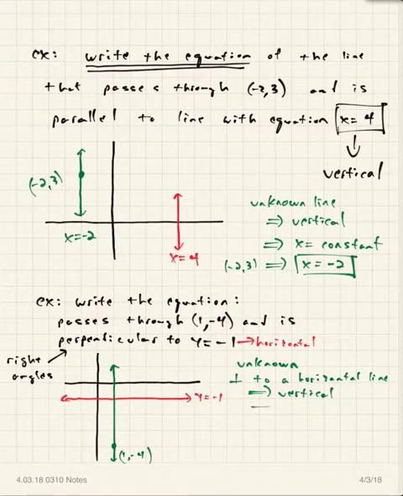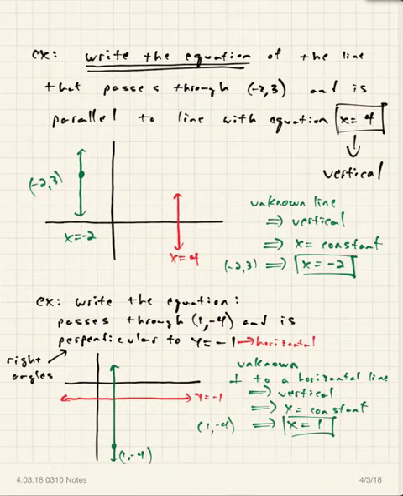And then we use the same reasoning as in the last problem. It's got to be x equals a constant, and in this case it goes through the point (1, -4). So it would have to be the equation x equals 1. That's the equation of my unknown line.